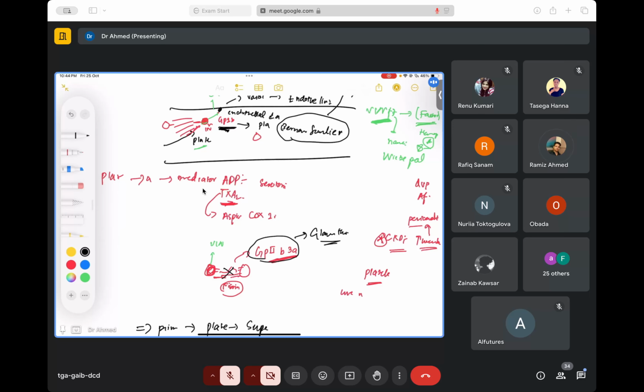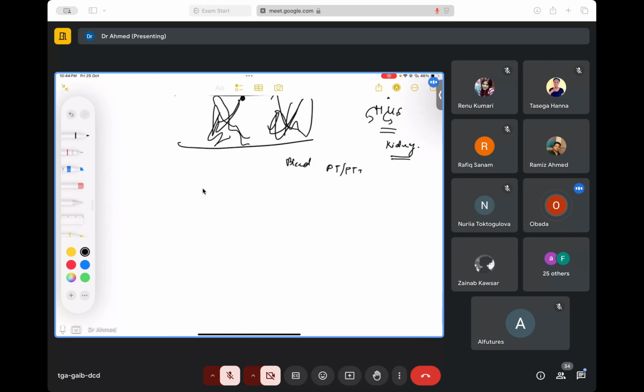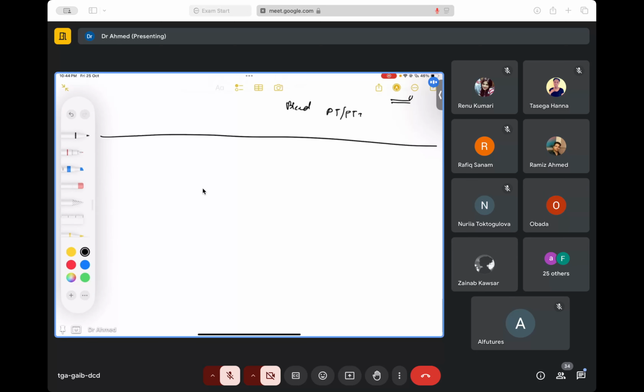For example, if a person is on chronic antibiotics, and in that kind of individual I have seen that he has some hemorrhagic disease and blood isn't stopping.